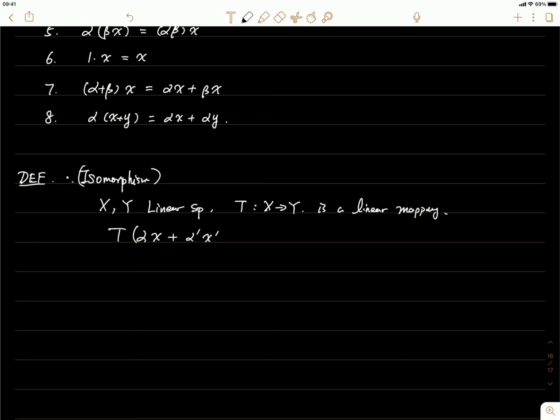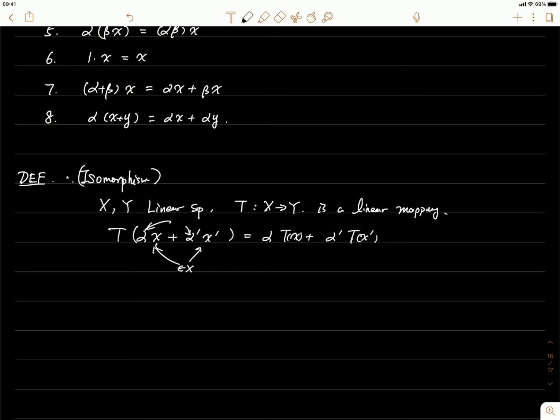If you take the mapping of this, you get alpha times Tx plus alpha prime Tx prime. We can put parentheses here, but it's sometimes cleaner if we do not. Okay, but anyway, this x prime, they're from X.